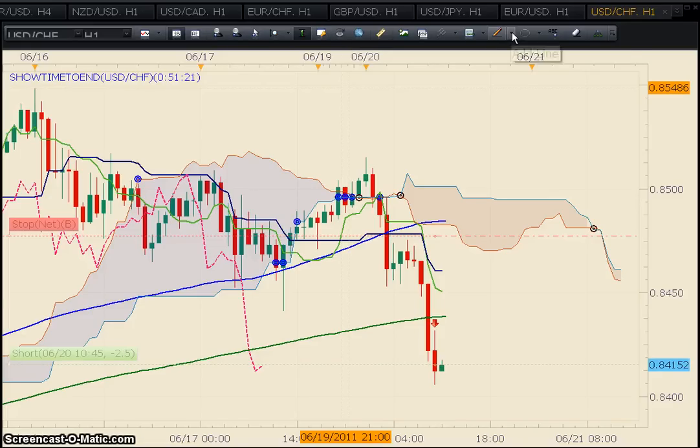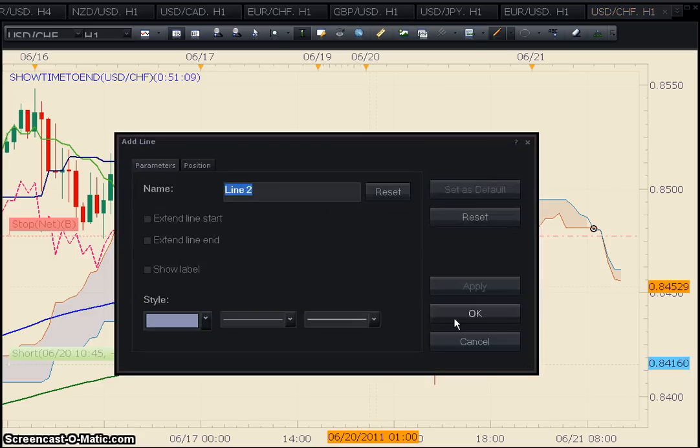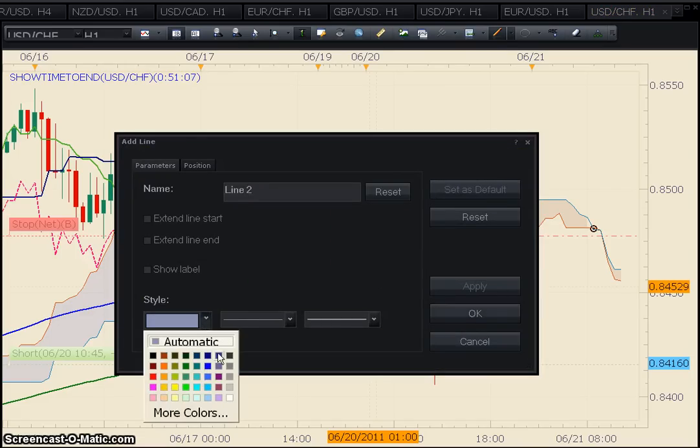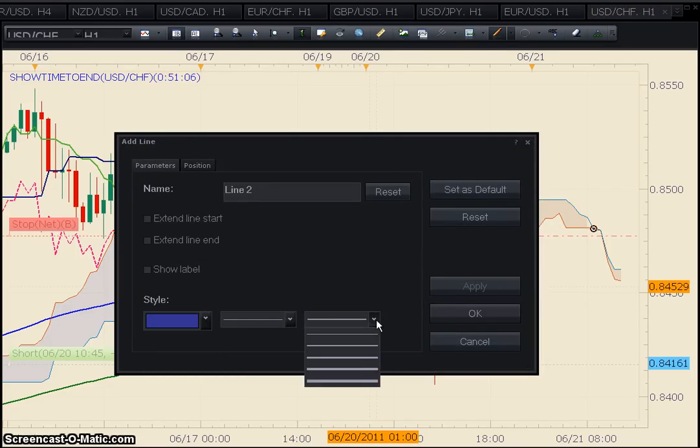I'm going to put a line in here and show you something. From here to there. We'll color that a little darker and make it a little thicker.